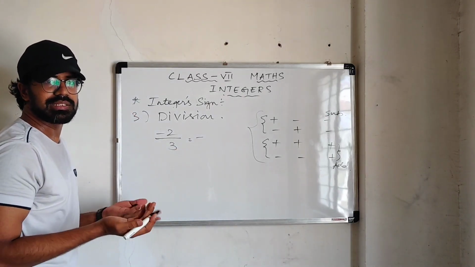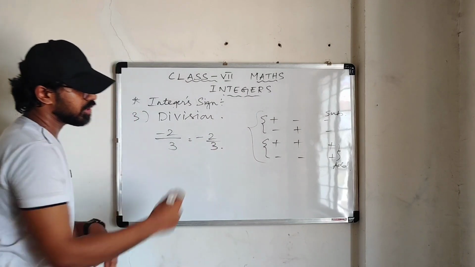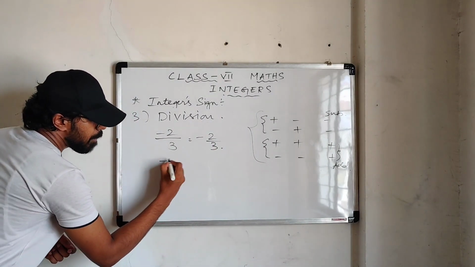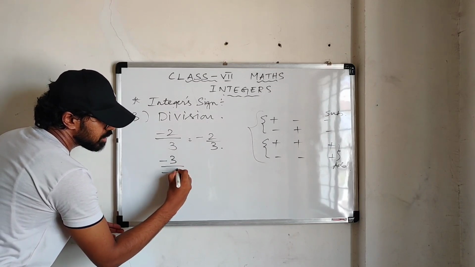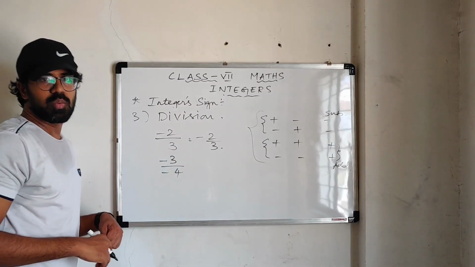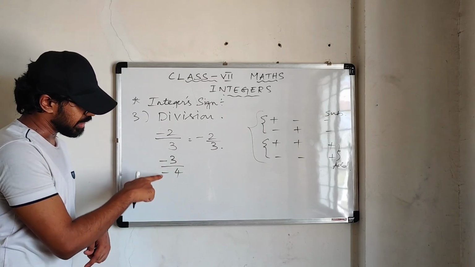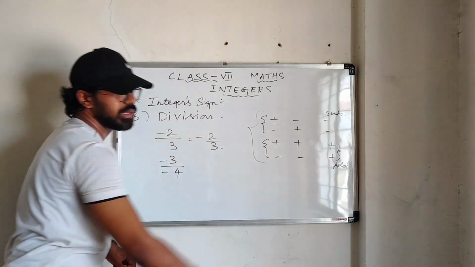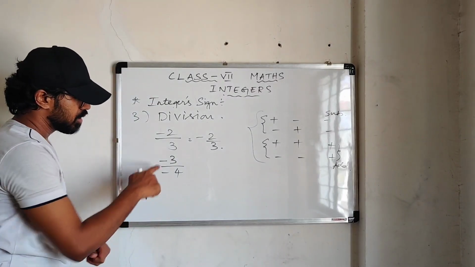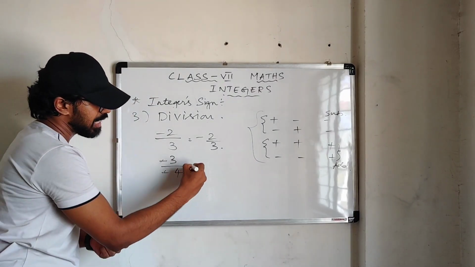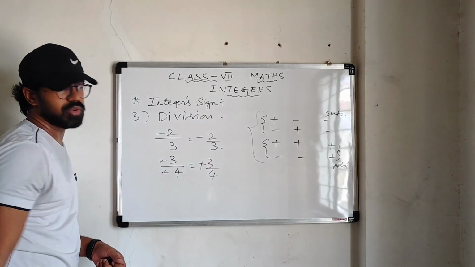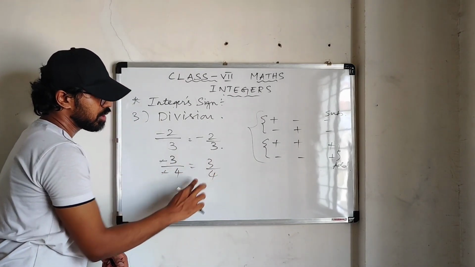Minus to it, and simply 2 divided by 3. Now say for example another number, let's take minus 3 upon minus 4. Here it is minus and here it is also minus. If you say minus and minus, what is the sign going to be? It's going to be simply plus. So minus and minus will cancel. The answer you will be getting in plus is nothing but 3 upon 4. You put plus or you don't have to put it, that is up to you.